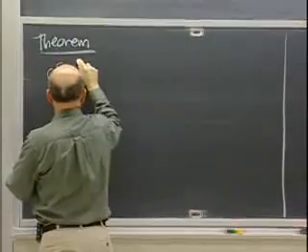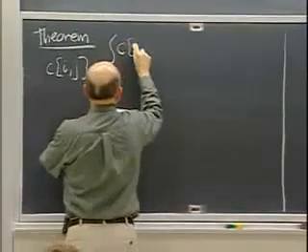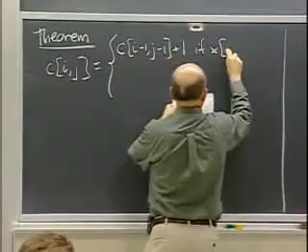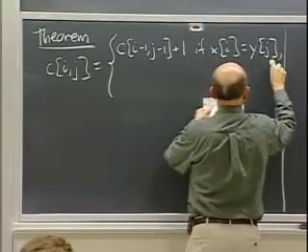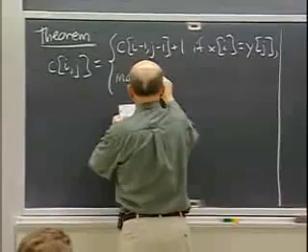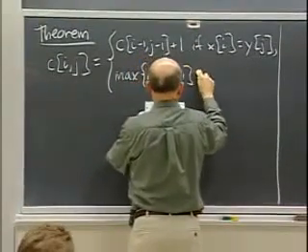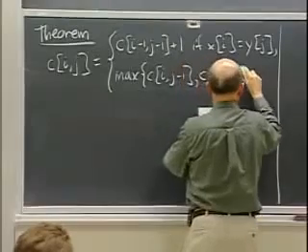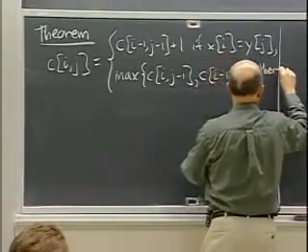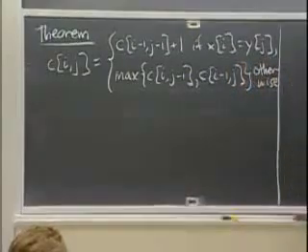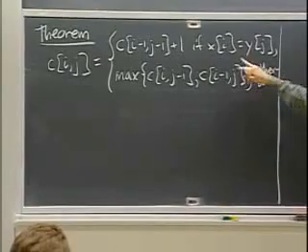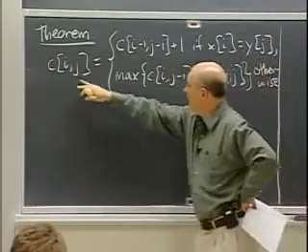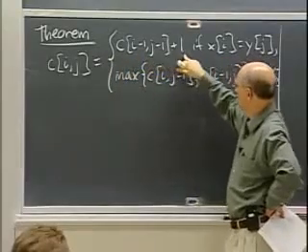Okay, so our theorem is going to say that C of ij is... if the ith character of x matches the jth character of y, then C of ij is just C of i minus 1, j minus 1, plus 1.